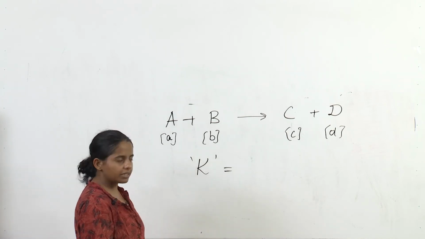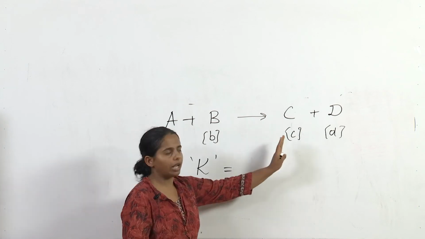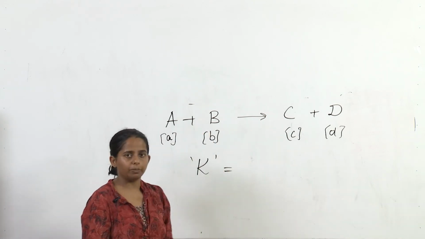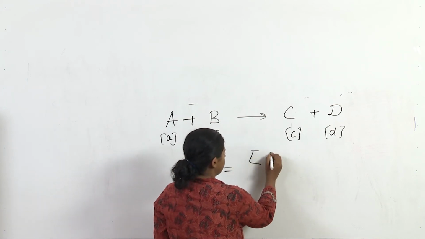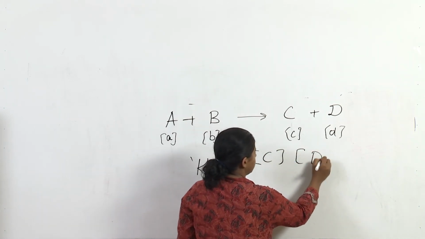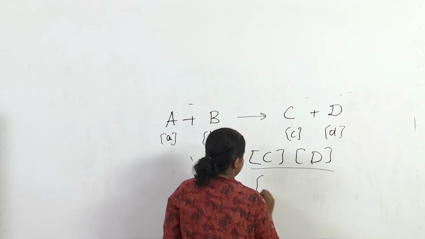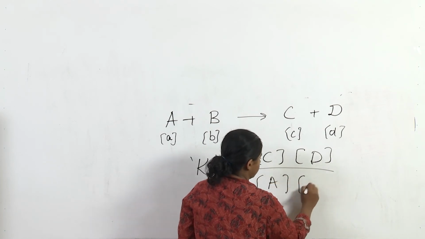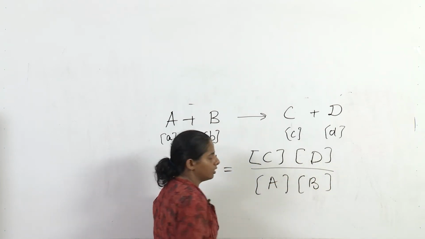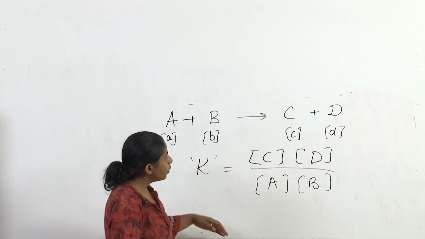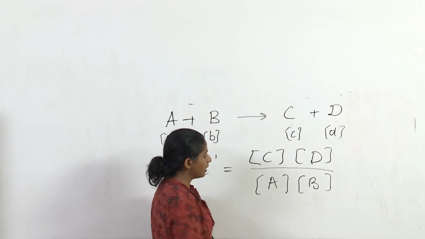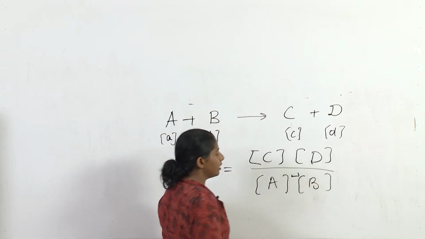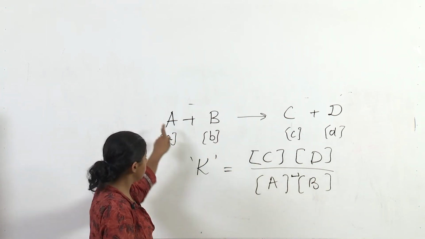Now equilibrium constant, the way to calculate is multiply the molarity of all the products divided by molarity of all the reactants. So basically we have C, D over A, B. In a more generic version, each of these have an exponent that correlates to their coefficient in the reaction.